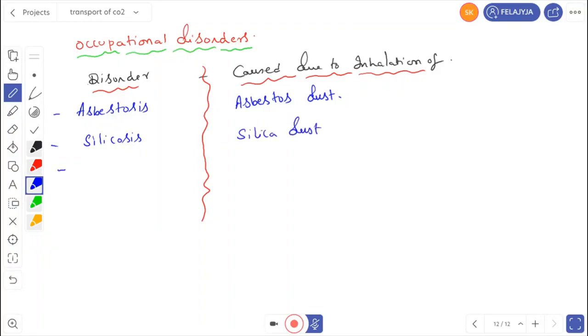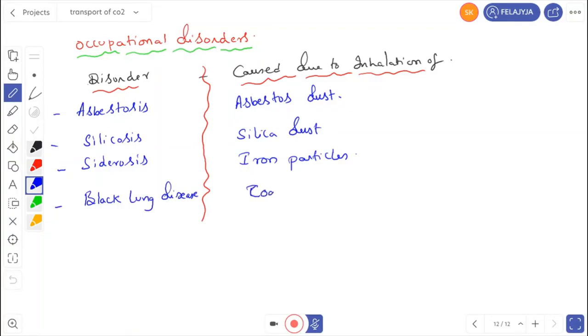Third one, siderosis, inhalation of iron particles. Last one, black lung disease, inhalation of coal dust. The people working in iron ores will get siderosis. The people working in coal mines will get black lung disease.